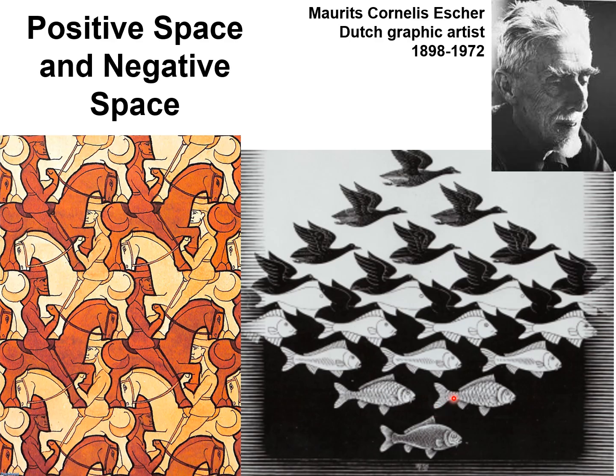But if we examine the negative space, that is the space not occupied by the fish, we see that that space also forms a creature, and in this case a bird.